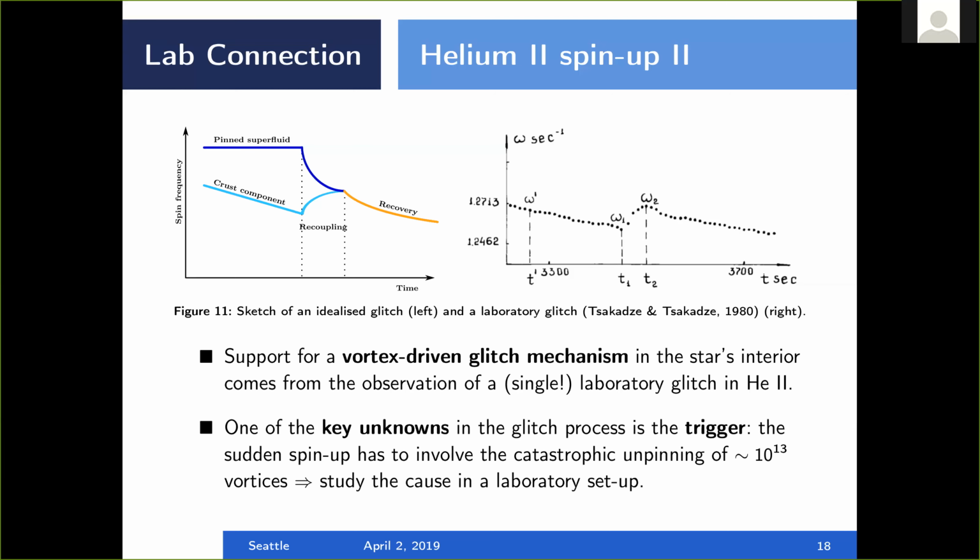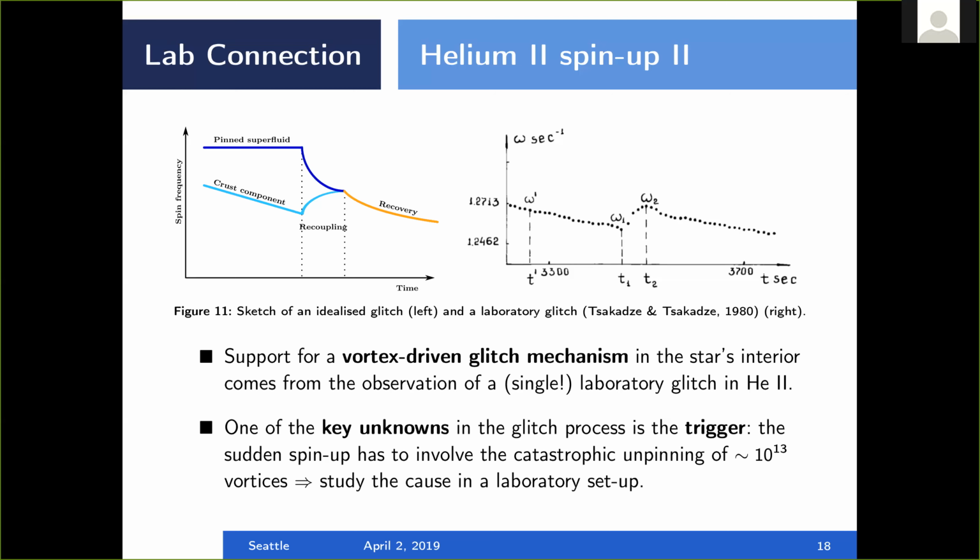Exactly on this point, is it possible, for example, that it's not really an unpinning that happens? The vortices are still where they are, but there is a catastrophic event in the inner crust. The vortex is pinned, and then because of a complicated process it reconnects.